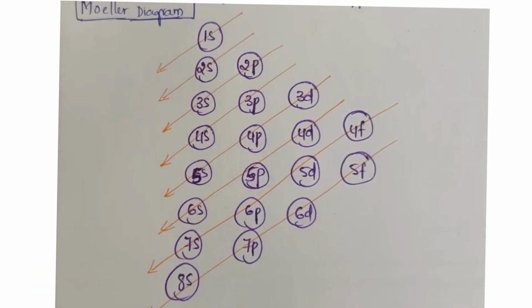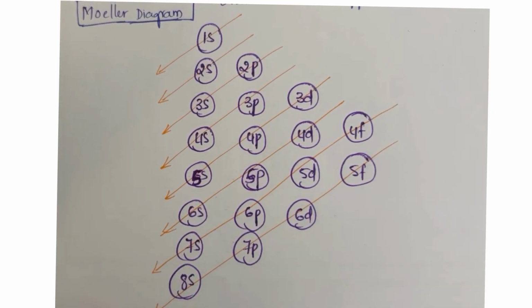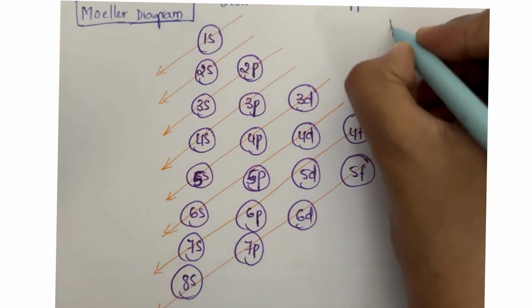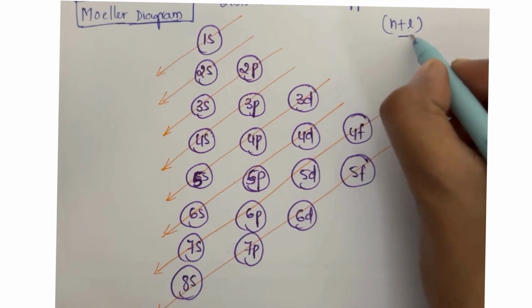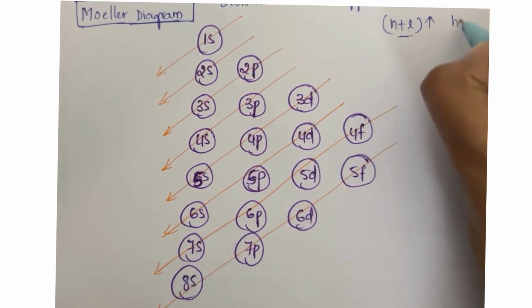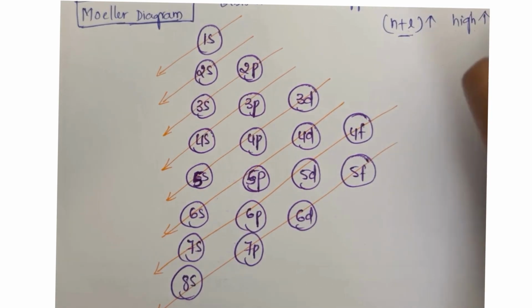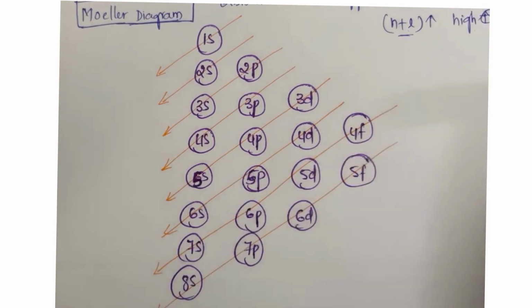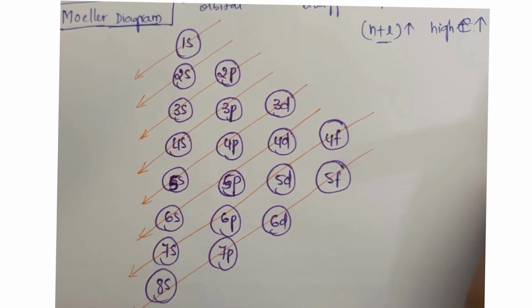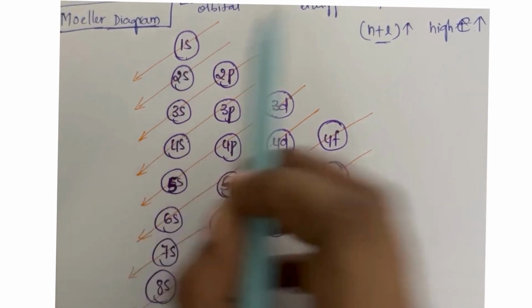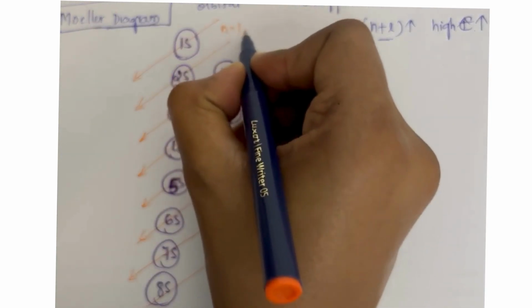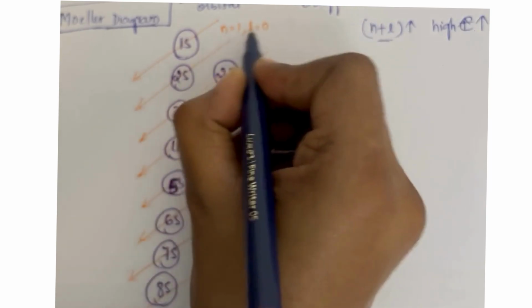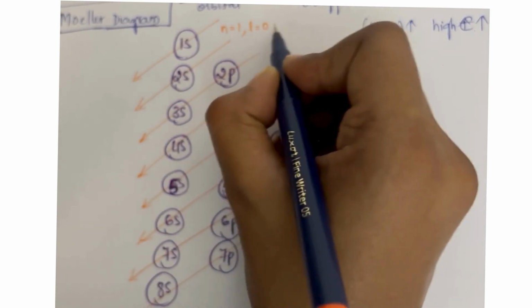This is the Madelung diagram to explain the energy order of the orbitals. Based on the n plus l value, whichever has a higher n plus l value will have higher energy. This is the order given. For the 1s orbital, the n value is 1 and the l value is 0, so 1 plus 0 is equal to 1.